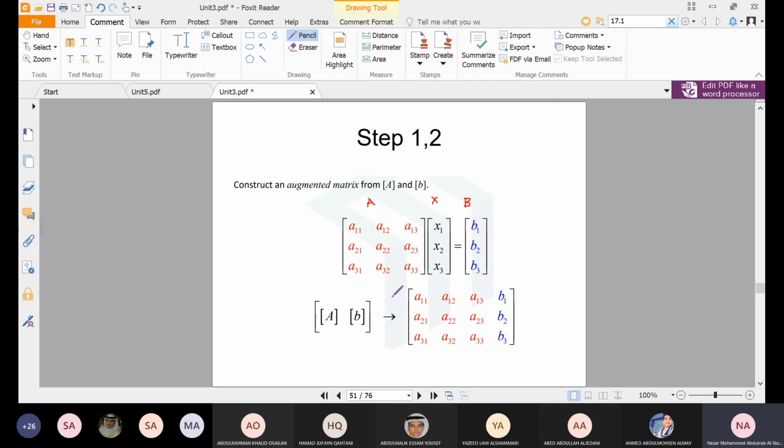After that, we build the large system. We put the B's with the A's. So the first step, if you want to solve for X1, we start with X1 and then X2 and then X3, depending on how many columns we have. So the matrix must be square.